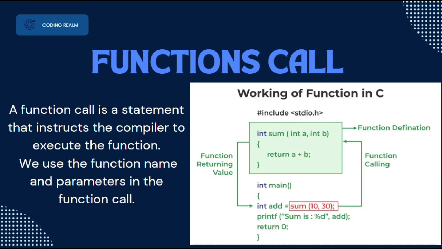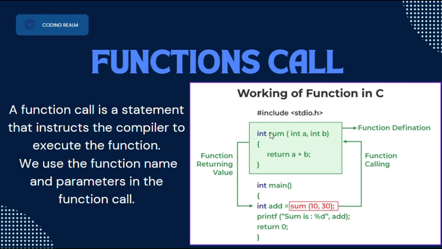Now let's talk about the function calls. A function call is a statement that instructs the compiler to execute the function. We use the function name and parameters in the function call. Look at this example of how a function works in the C programming language.